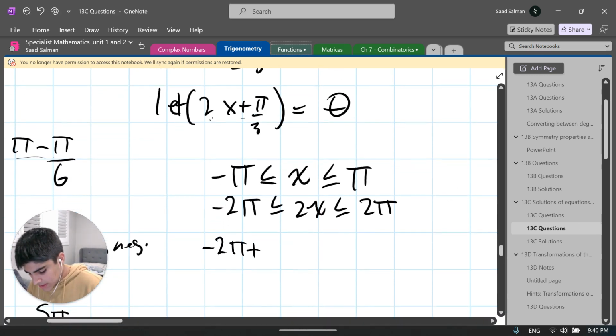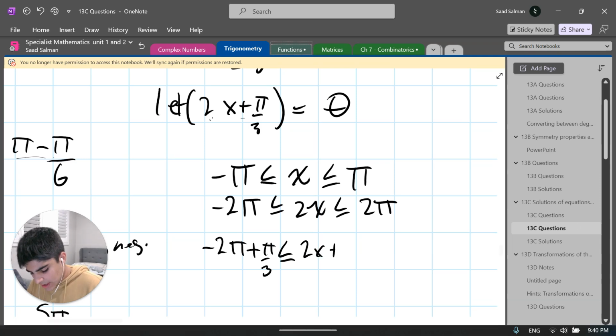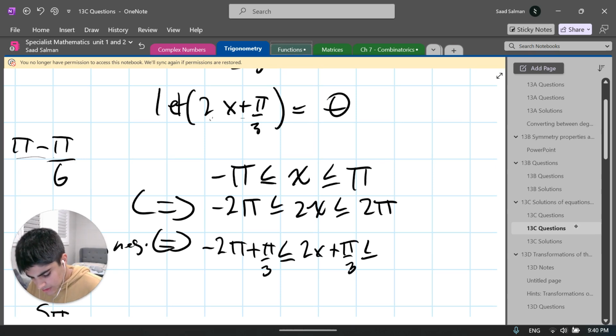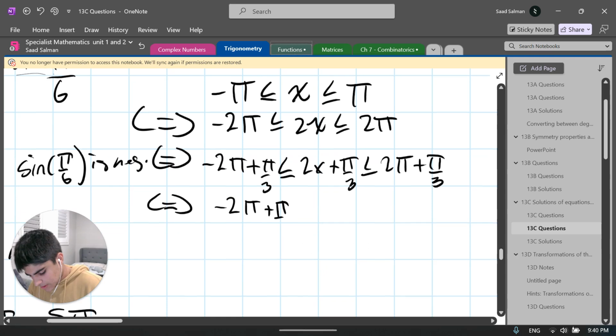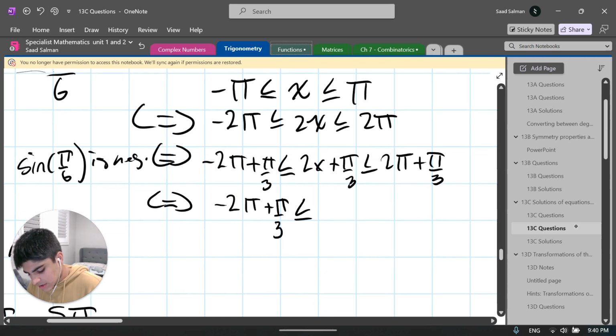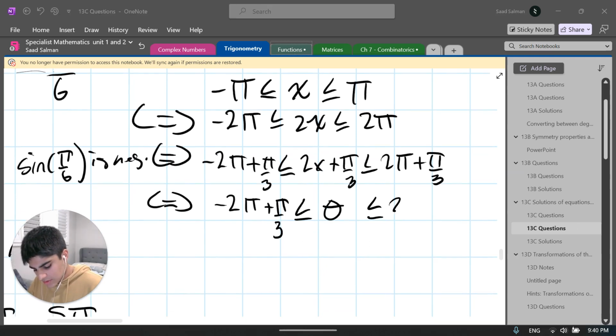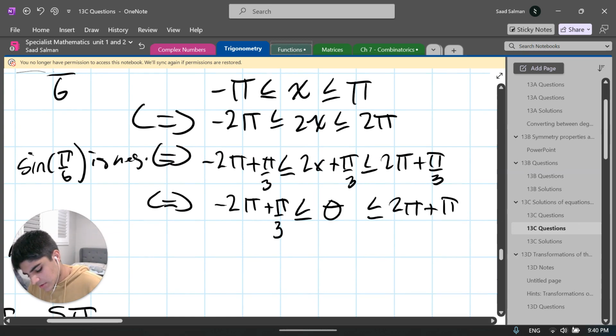Negative 2 pi plus pi on 3 is less than or equal to 2x plus pi on 3, which is less than or equal to 2 pi plus pi on 3. This implies negative 2 pi plus pi on 3 is less than or equal to theta, which is less than or equal to 2 pi plus pi on 3.